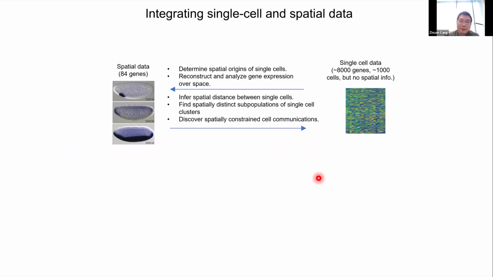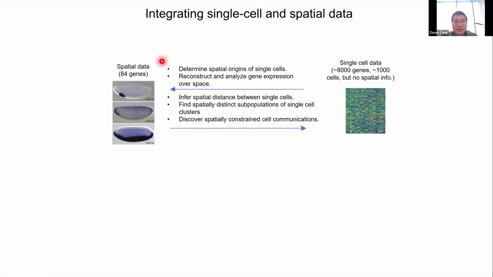Okay, and before that, one additional pre-processing we can keep in mind is, for spatial data, we can often increase the quality of gene expression data by integrating some single cell data.